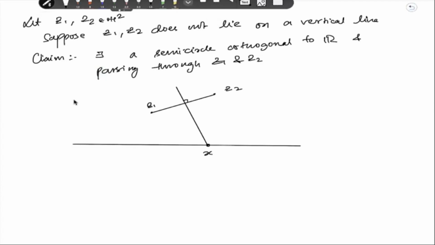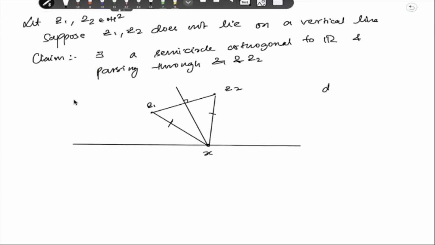So now what to do? You take these two straight lines: join Z1 to X by a straight line, and Z2 to X by a straight line. These two lengths will be the same.